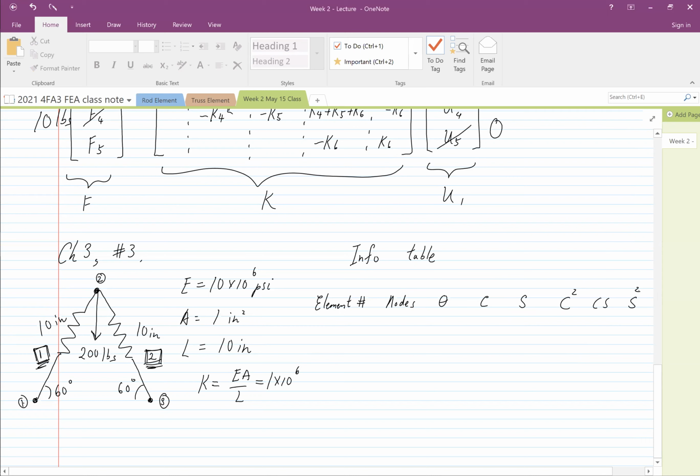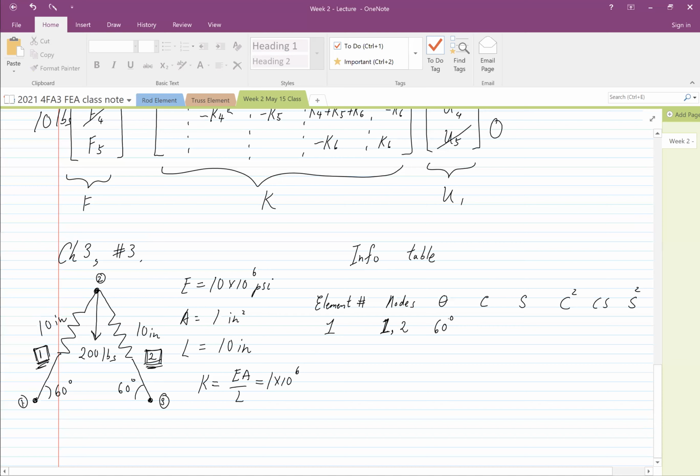Let's look after the first one first. Element number 1 goes from node 1 to 2. And the theta from node 1 to 2 is 60 degrees.